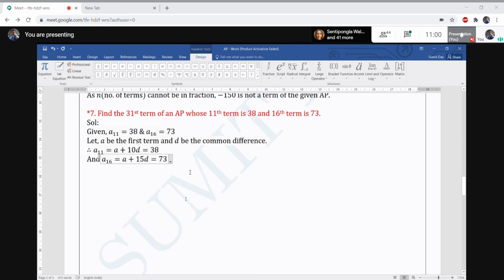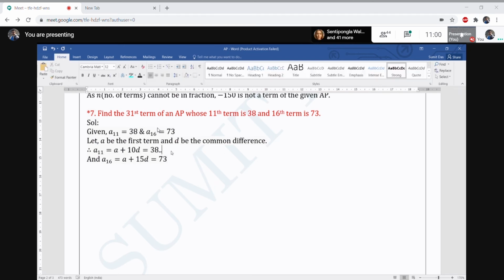Next we have to mark this one as 1 and this one as 2. Now I'm doing 2 minus 1.